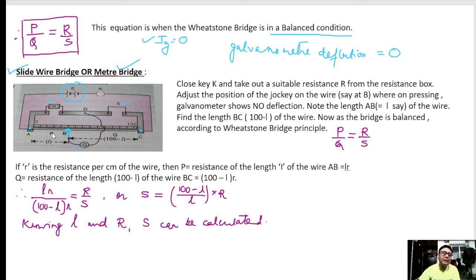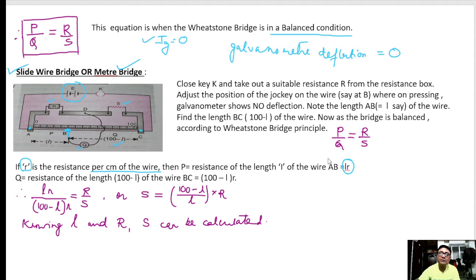So if this is L, this part is 100 minus L. Let us imagine that for every 1 centimeter of the wire, the resistance is R. That means for a length L, the resistance will be LR ohms.